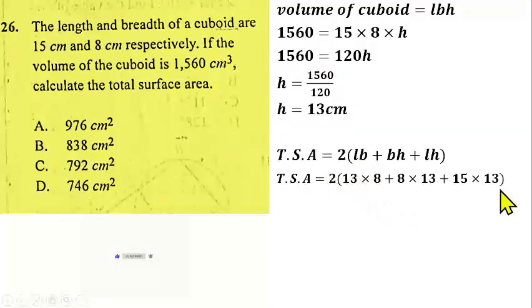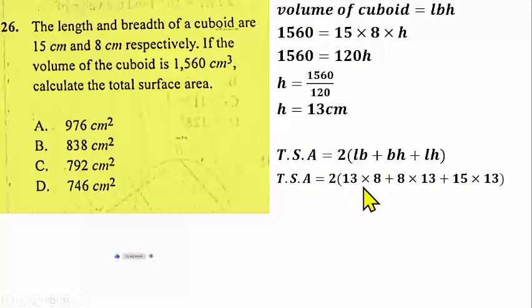You have 15 times 8, and that one is not here at all. Then the breadth is 8 times the height, which is 13. This is correct. Then length is 15 times the height, which is 12. So this is supposed to be 15 times 8, not 13 times 8.